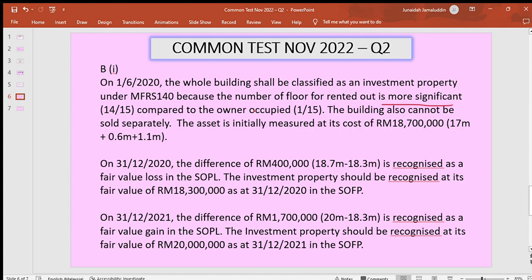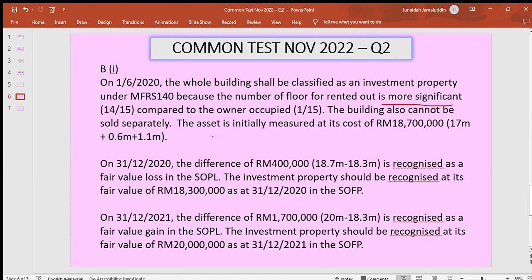It is less than 7%, less than 10% of the floors, are occupied by the owner or employee of the building. Since the building cannot be sold separately, the whole building shall be classified as an IP.